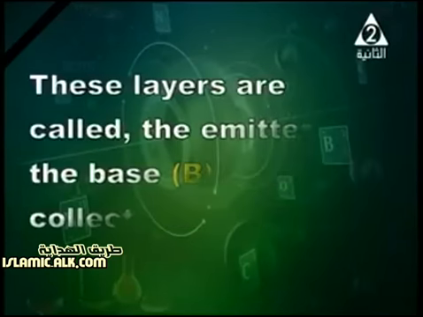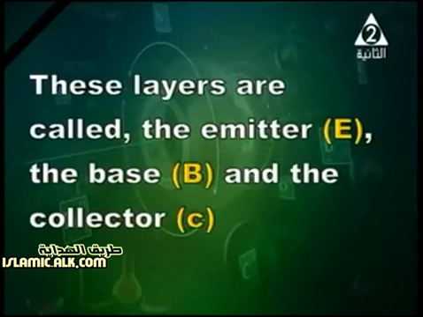The layers are called the emitter, denoted by capital E, the base, denoted by capital B, and the collector, denoted by capital C.